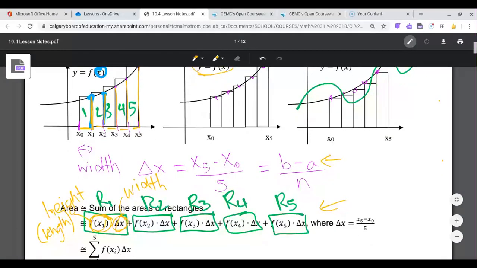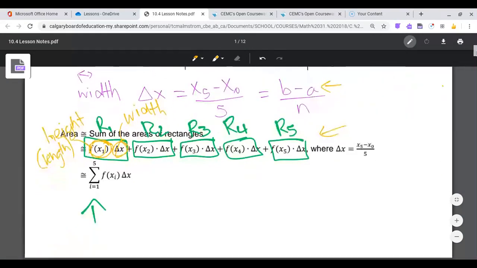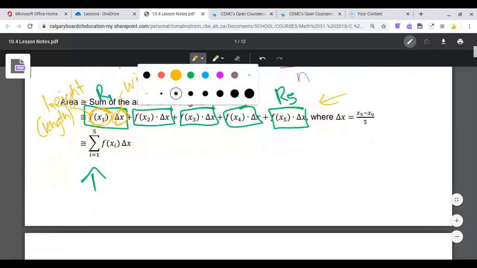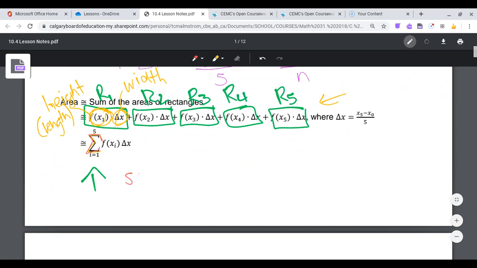Now, we don't want to have to write that out for 20 rectangles, so we have this notation down here that looks like a, I don't know, a funky looking E, okay? This guy right here, I didn't want yellow, here we go, red, is called sigma notation, okay? And this is saying to sum up from the first rectangle to the fifth rectangle, the area of each of them. So this represents this whole thing written out.